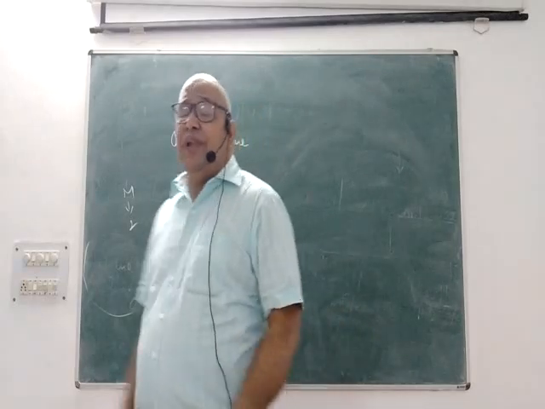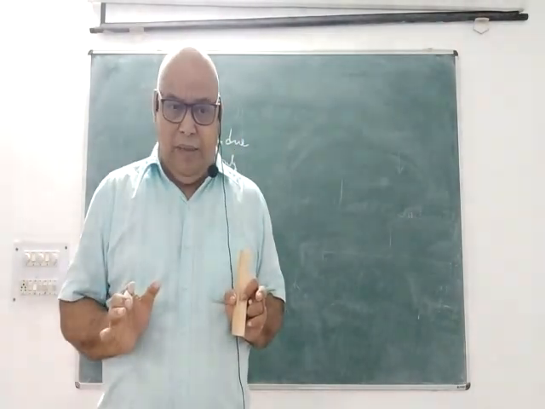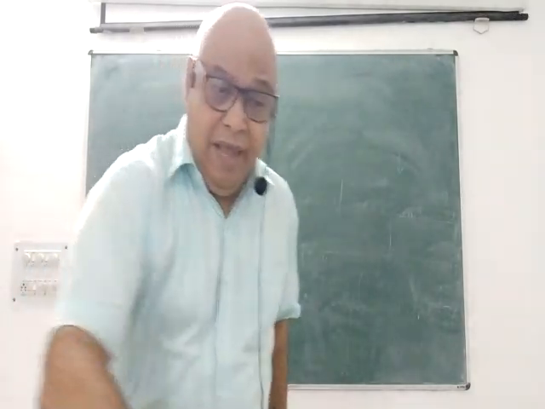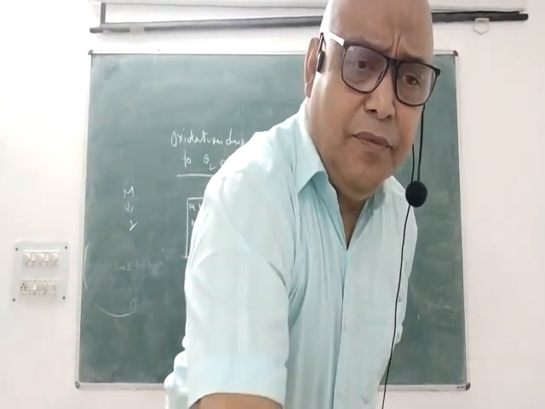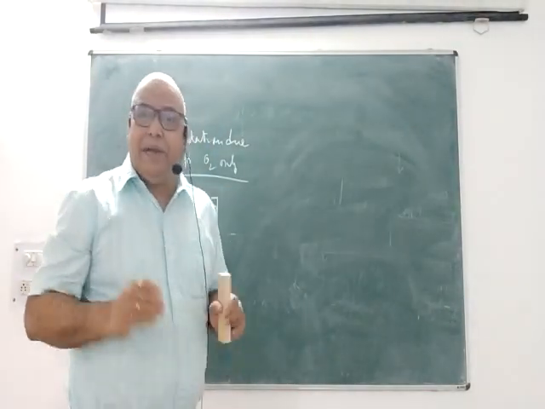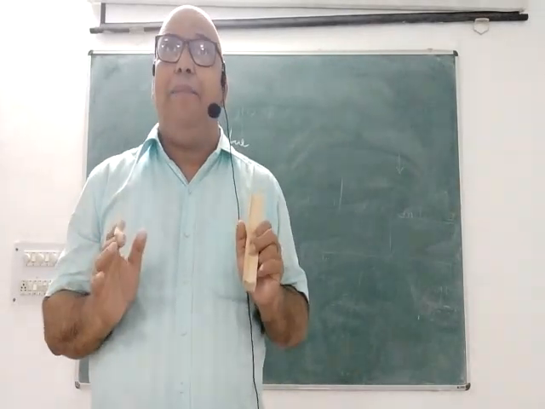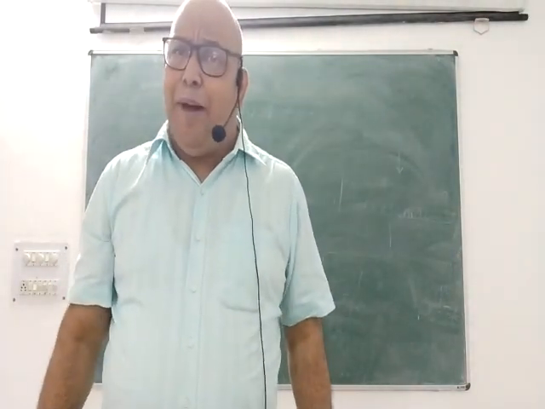Now, as M is a metal, what is the general property of metal? Under favorable conditions, it will have a tendency to give up electrons. And how many electrons will it give up?